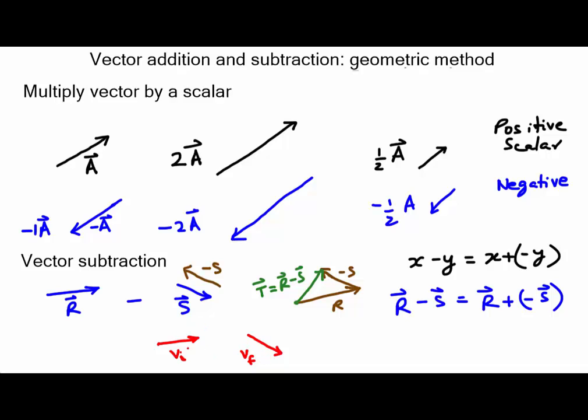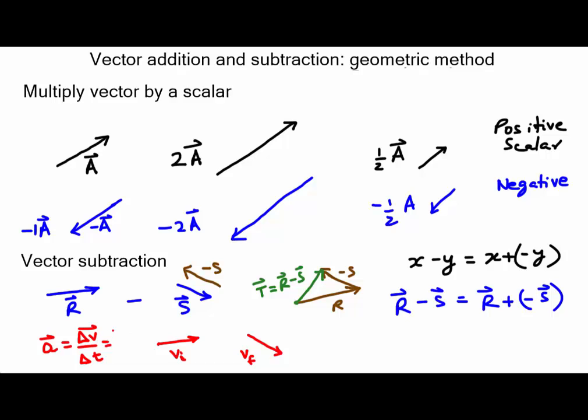Well, what's the direction of acceleration that caused this change in velocity? Well, we know that acceleration is nothing but change in velocity over time duration. And since time duration is a positive scalar, multiplying by 1 over delta t, which is also a positive scalar, does not change the direction.